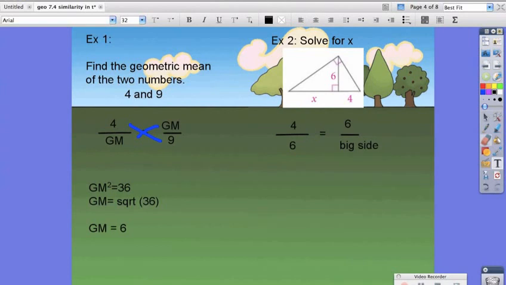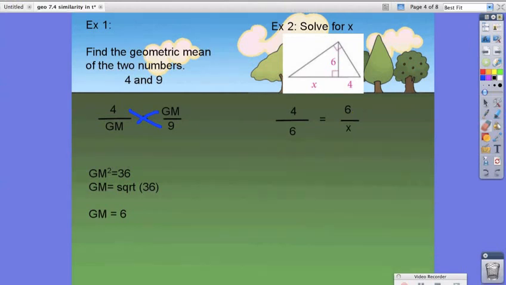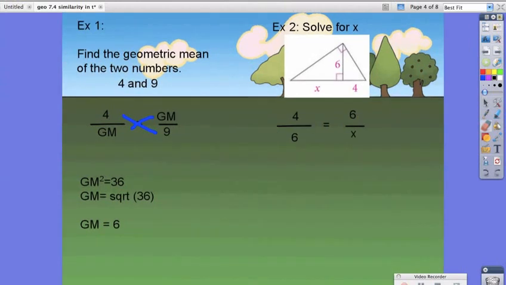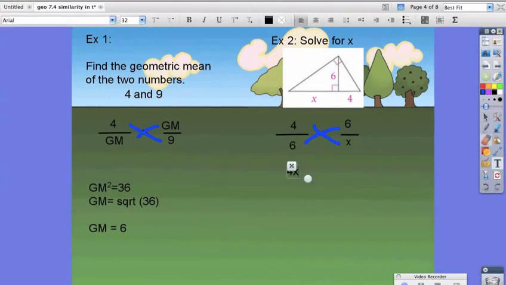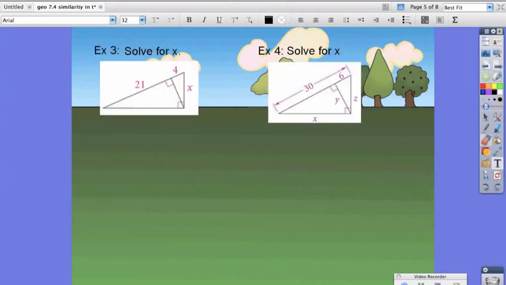And the big side touching 6 is x. And notice the 4 and the x are interchangeable. So if you wanted to say it the other way around, that's fine also. So we'll take the cross product again. We get 4x equals 36. Divide by 4 to both sides. X equals 9. So that's how we solve for the geometric mean.